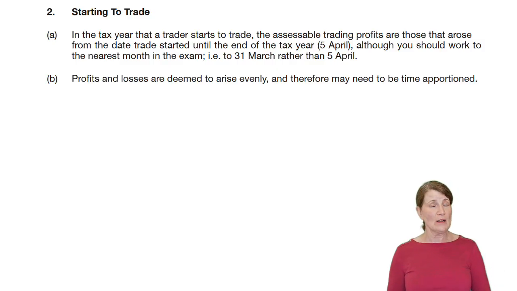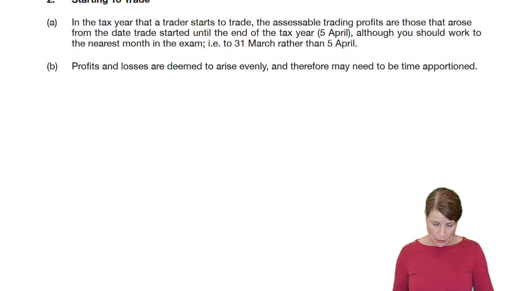So if you've got a 12-month set of accounts, we simply take 3/12 of the results from that first 12-month period. If your first period is 9 months, we would take 3/9, and so on. So profits and losses are deemed to accrue evenly. And we simply time apportion them. So work to the nearest month. We say we work to the 31st of March rather than the 5th of April, but strictly speaking, it is the 5th of April.